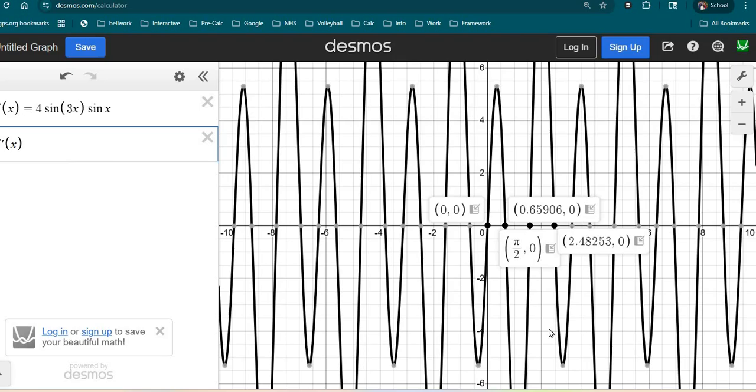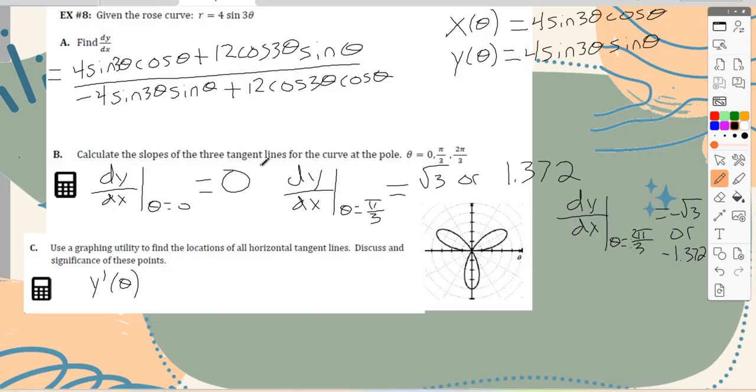So what do we think? So what are our options? Yeah. So our options are theta equals, we said 0, pi over 2, pi, then we have a random decimal, which was 0.659, as well as 2.483. Yes?